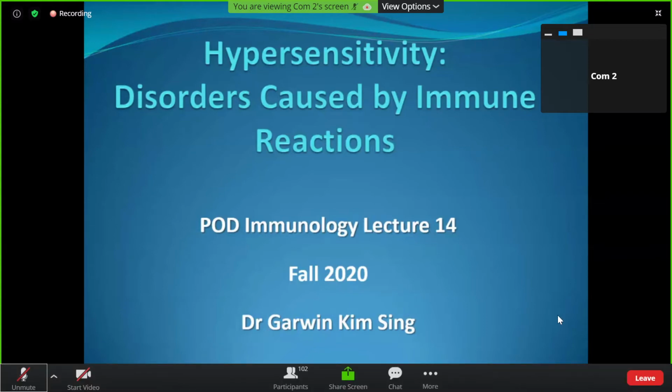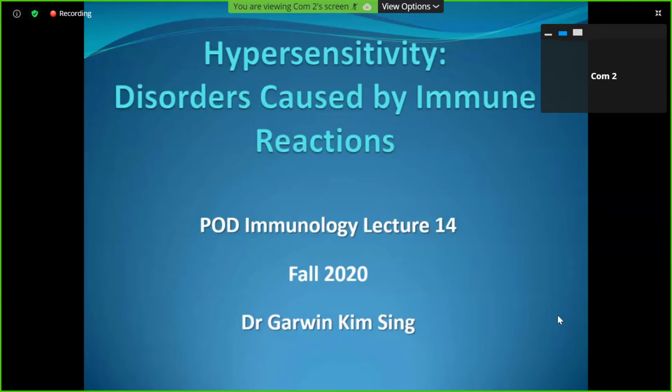Now, I hate this term hypersensitivity because it implies that the immune system is being overreactive. That's what hyper means.